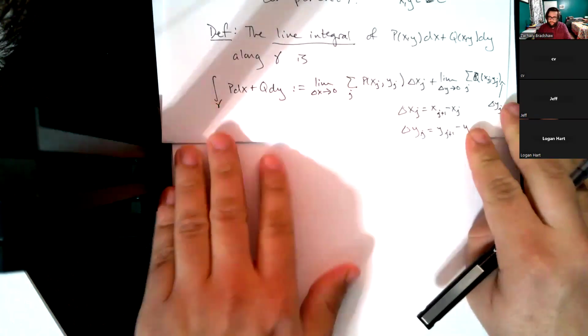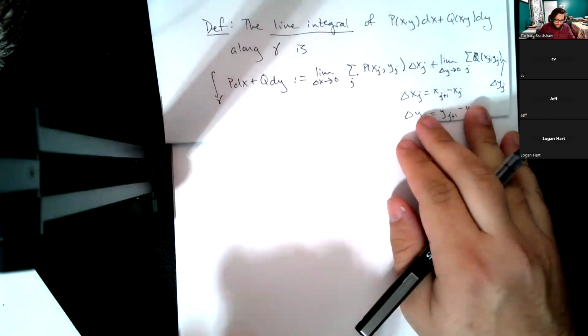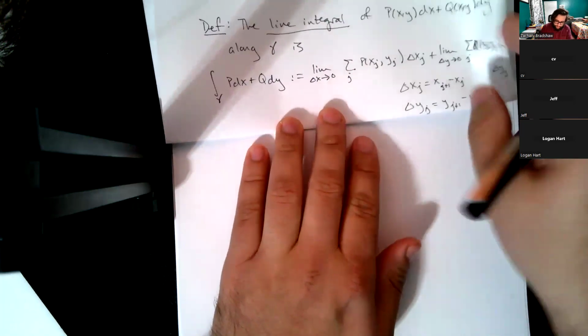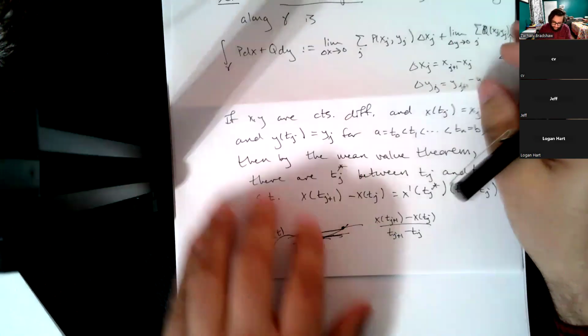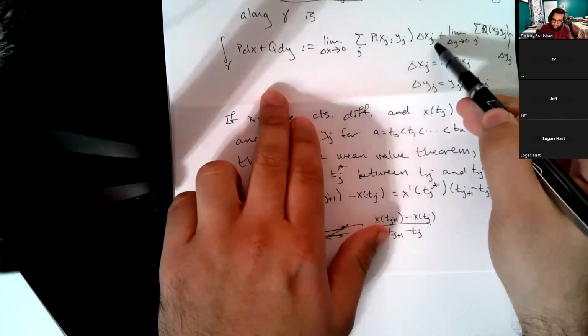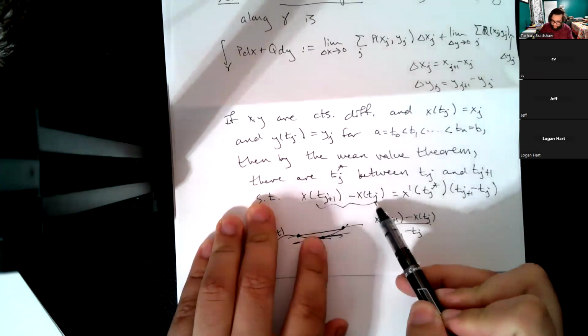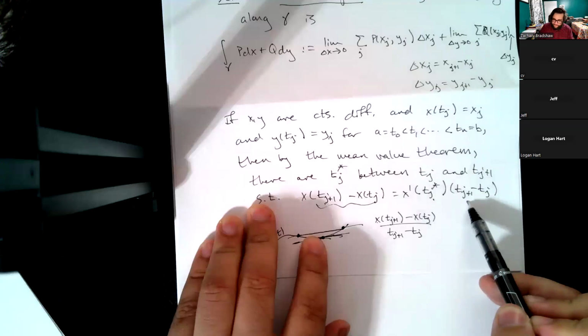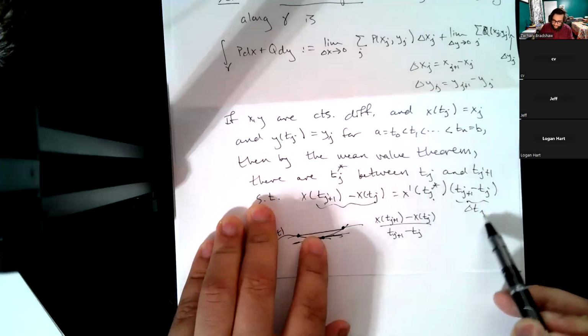And so when we plug this in, let me keep this up here so we have the formula. So this delta xj is this guy down here, and that's equal to x prime of tj star times tj+1 minus tj, which is what we'll call delta tj.